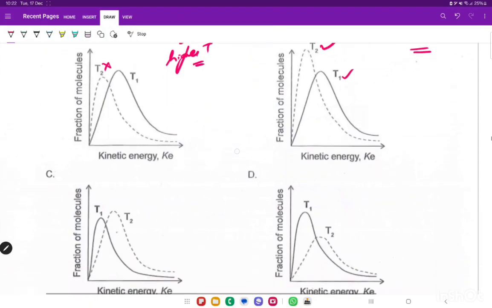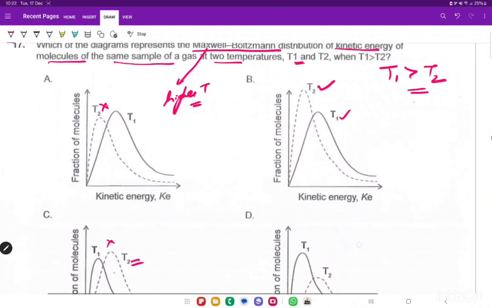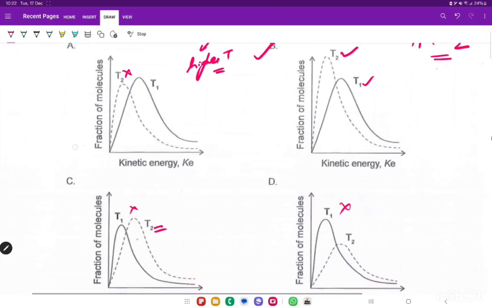The answer could be B. In another option, T2 is greater than T1, not possible. In another, T1 is lower temperature than T2, which is also wrong. The answer is B. Because T2 is the lower temperature whose curve has more height and is less flattened, whereas T1 is the higher temperature, the peak of its curve is below the T2 curve and it is more flat. Question 17, answer is B.